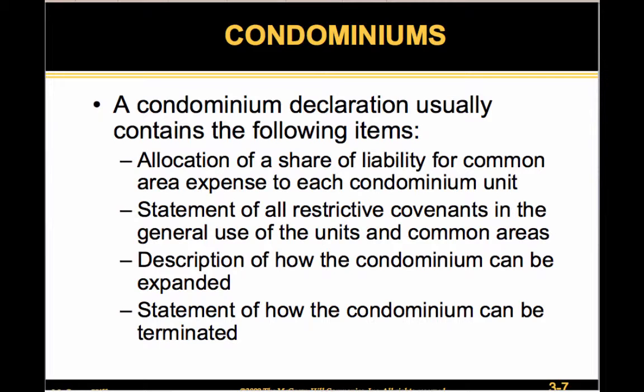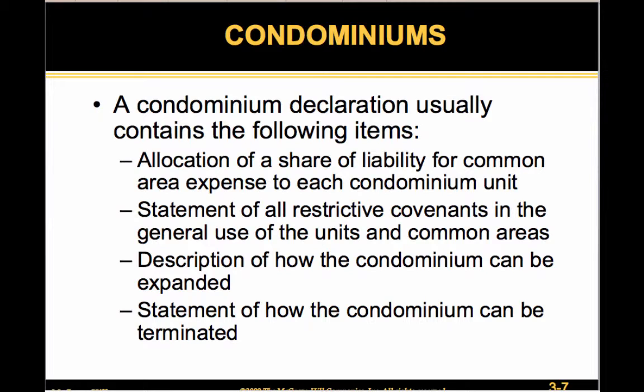The allocation of a share of liability for common area expense to each condominium unit. So this is, as I said, if there are 35 units in a building, you own a 1/35th share of the building, meaning you would pay 1/35th of the liability insurance. A statement of all restrictive covenants in the general use of the units in common areas.